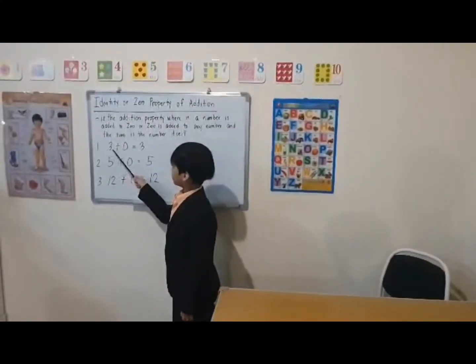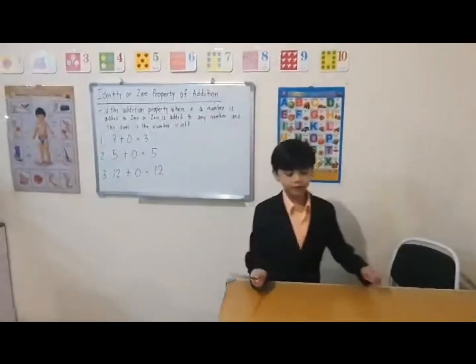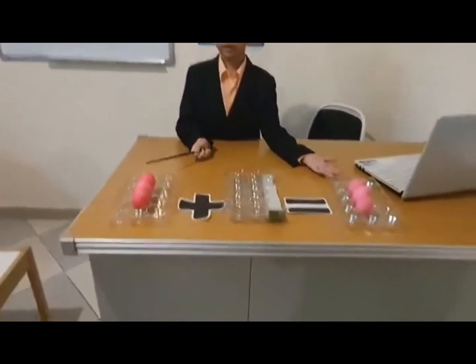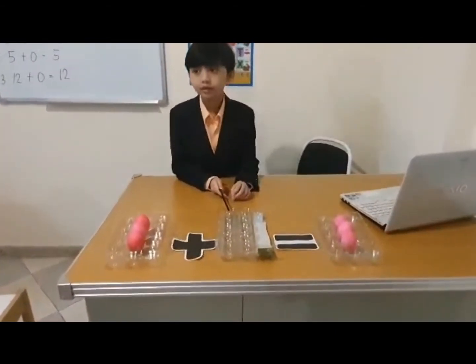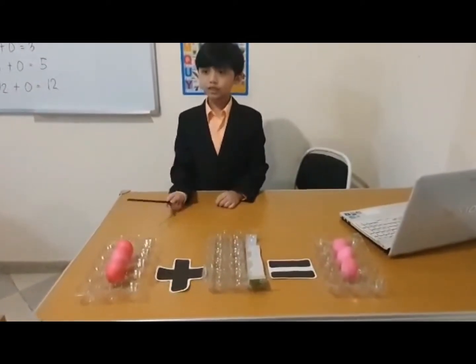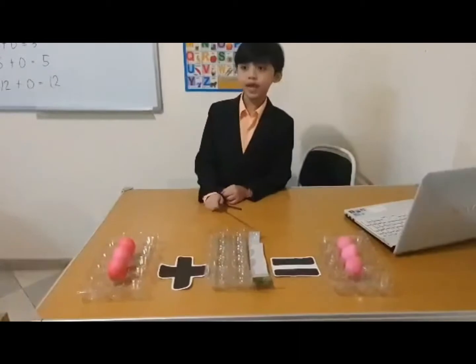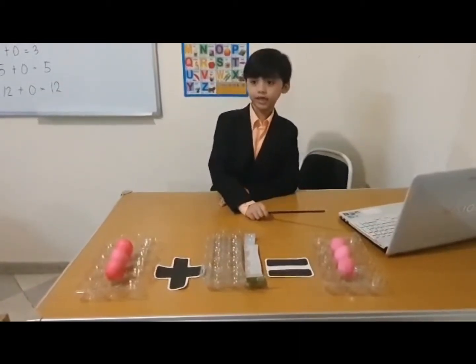Number 1. 3 plus 0 equals 3. I have here 3 salted eggs on an egg tray and an empty egg tray, which represents 0. So 3 salted eggs plus an empty egg tray equals 3 salted eggs on an egg tray.